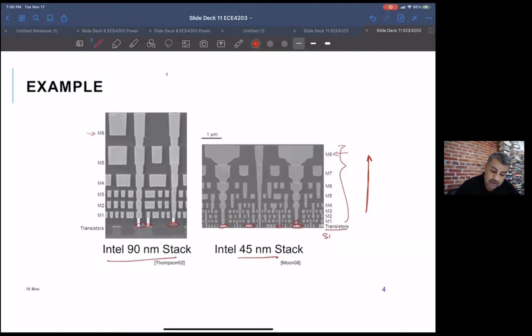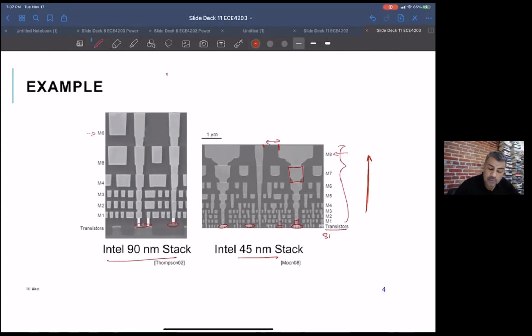So metal 7, it looks like it might be 5 or 6 times thicker than metal 1. And also the pitch of the metals gets bigger and bigger. Here you can see the separation between these two metal 8 layers, whereas down here, the metal 1s you can put pretty tightly together.